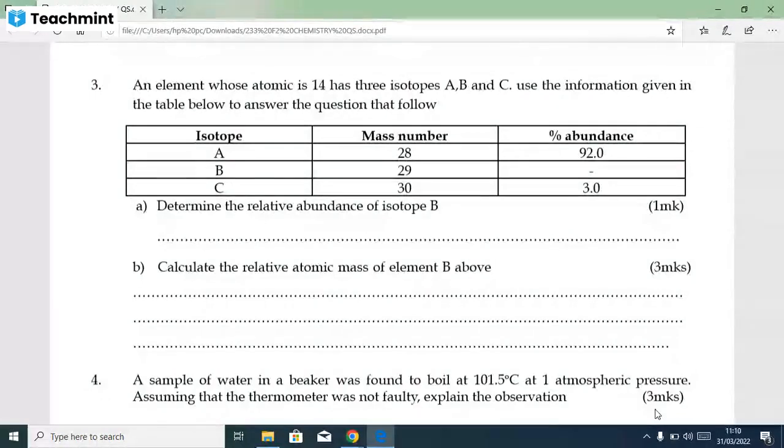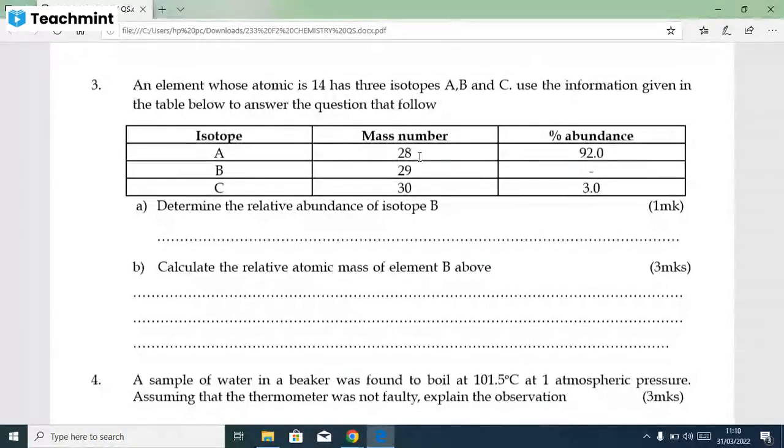Hebu ipitie tena because we say that the relative atomic mass is supposed to be closer to the mass of the most abundant isotope. So it's supposed to be closer to 28. Your answer is supposed to be closer to 28. Sawa? Oh, 14 and naile 14.